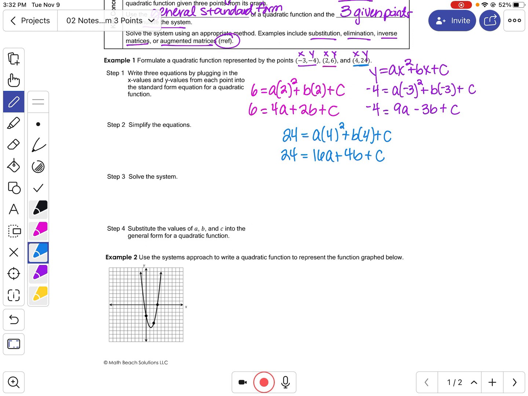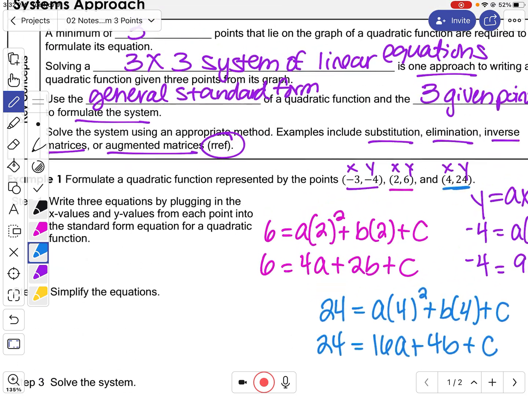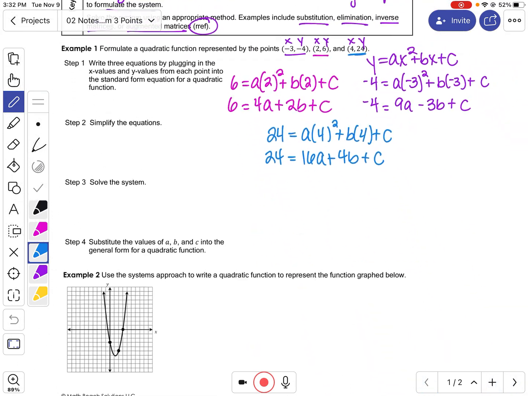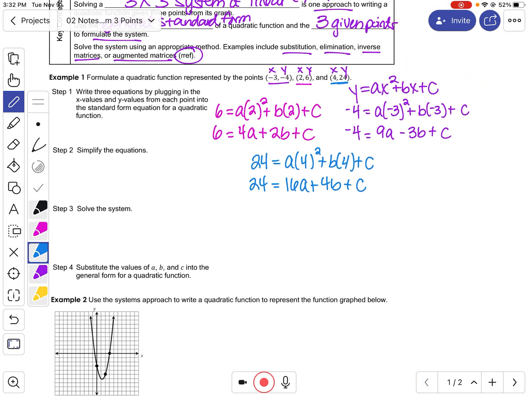So we're going to solve this system. You can use whatever method you want that we've gone over, which we just talked about up at the top. So I'm just going to use augmented matrices. So I'm going to set up my 3 equations. I'm going to write my 3 equations again, but I'm going to put my constant on the right side.